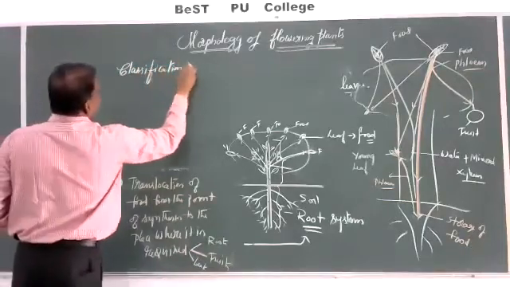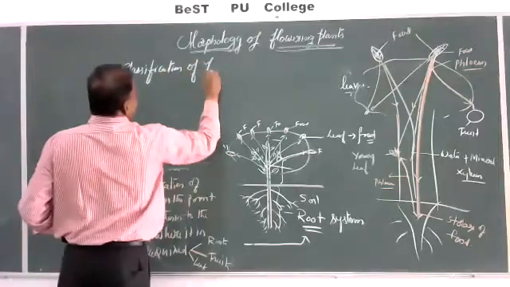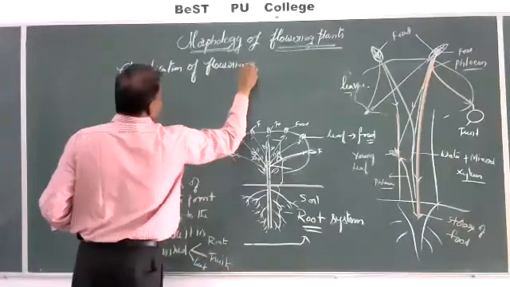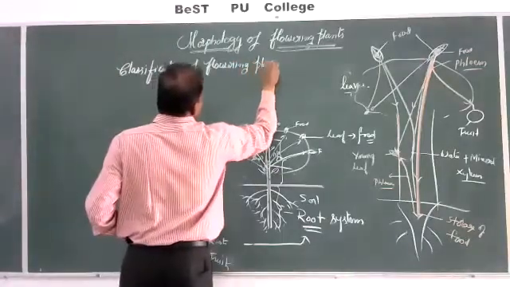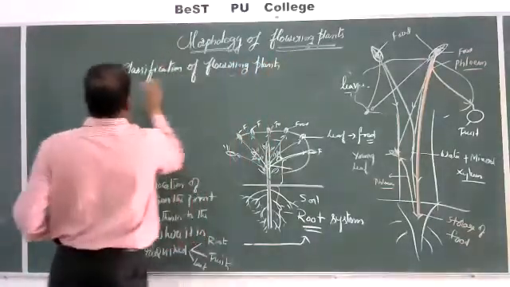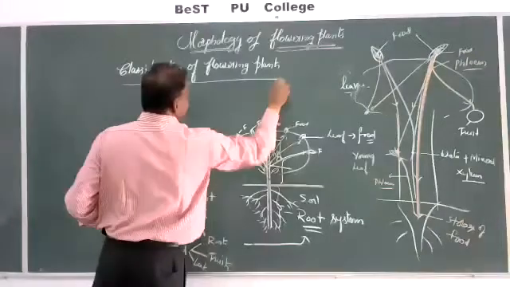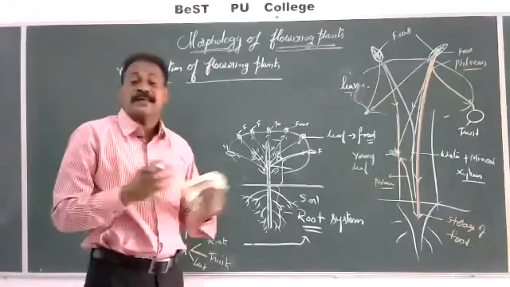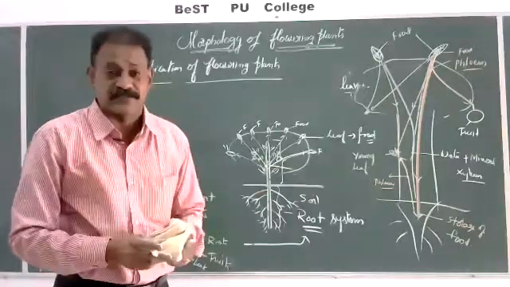Classification of flowering plants is of various types, based on different criteria, taking different parameters into consideration.